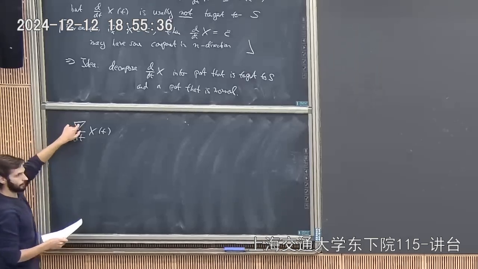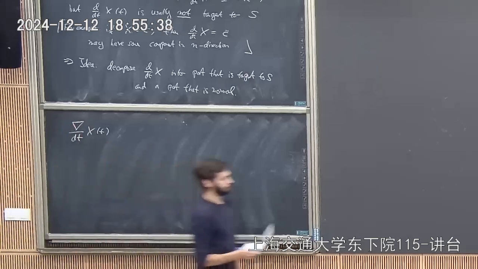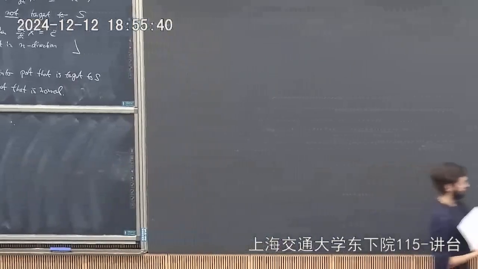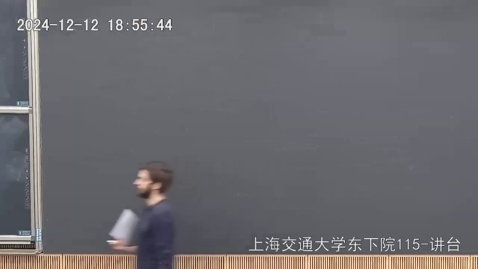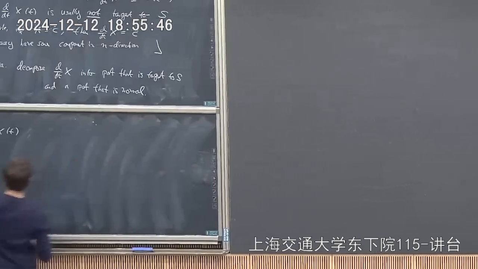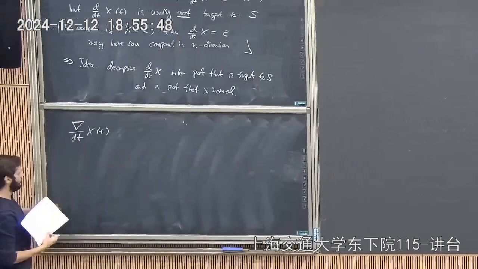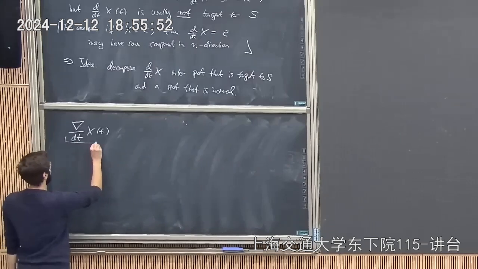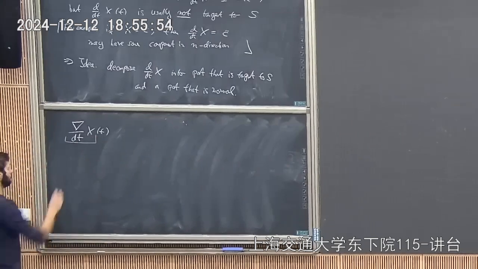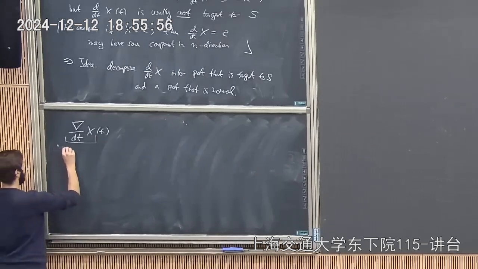This nabla is standing for this covariant derivative. So that's why you have covariant somehow indicated by this nabla. And then you remember that it's a derivative. But really you should think of all of that together as a name. So this one is the name.